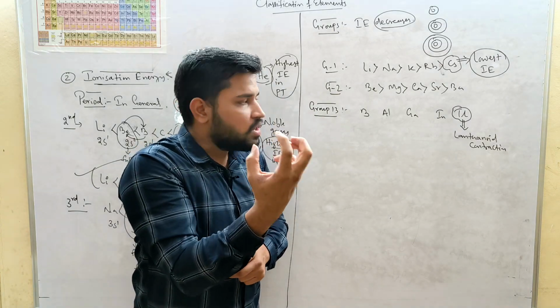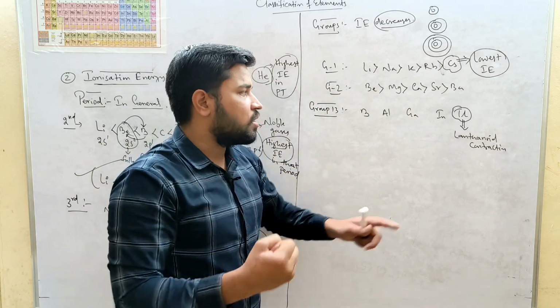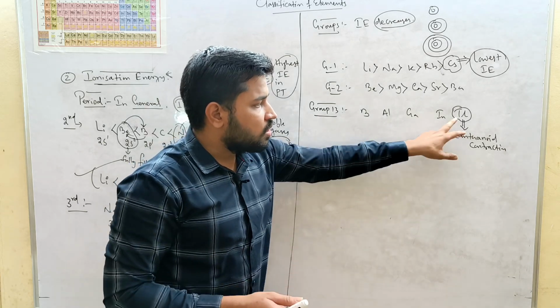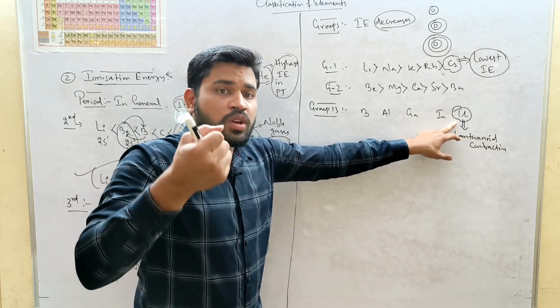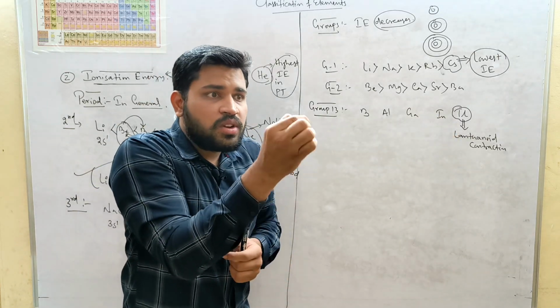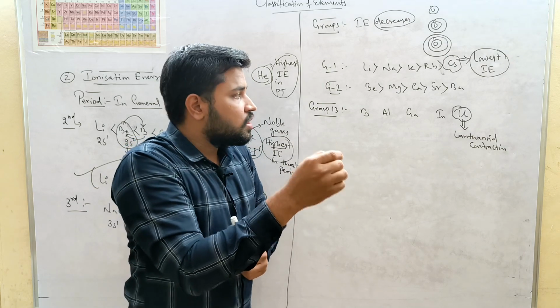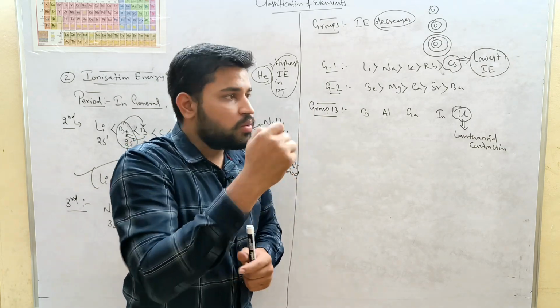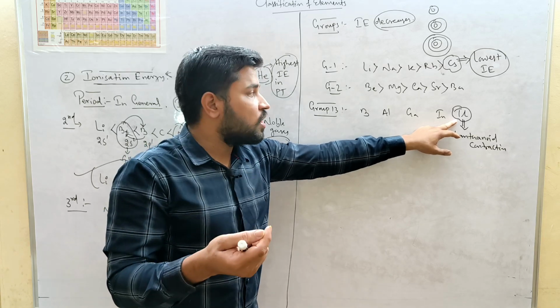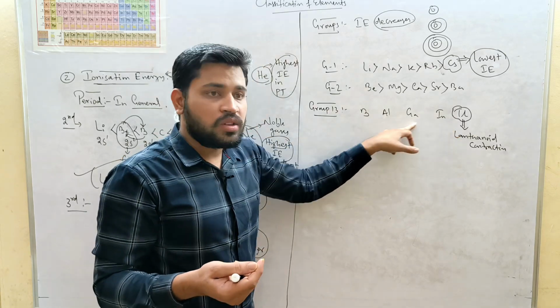So obviously, its effective nuclear charge is increasing. Due to the increase in effective nuclear charge, it is highly difficult to remove the electron from the outermost shell of thallium. So thallium will show more ionization energy as compared to these three elements.